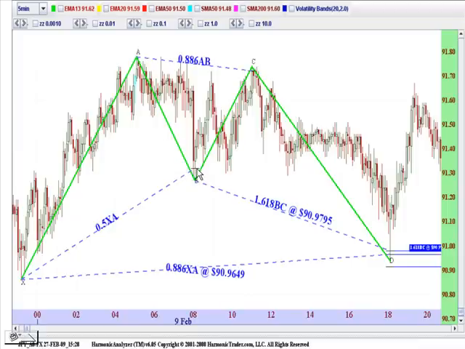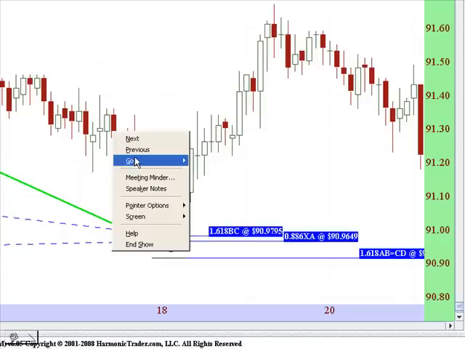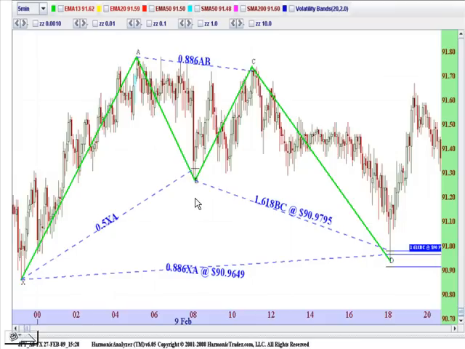Just a couple ticks off of that 50%, but again, if it was a 618 retracement, we would be looking for something down in here, but since we hit the 50 and we're under a 618 B point, this sets us up for a deeper eventual retracement.